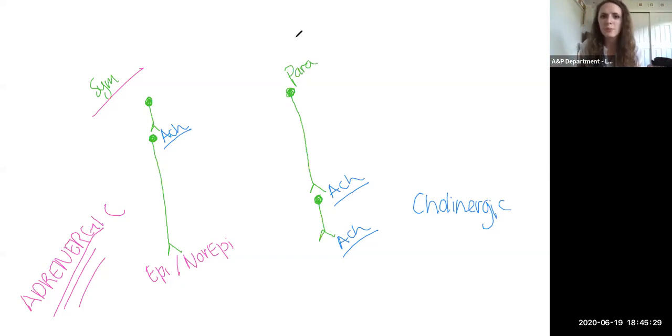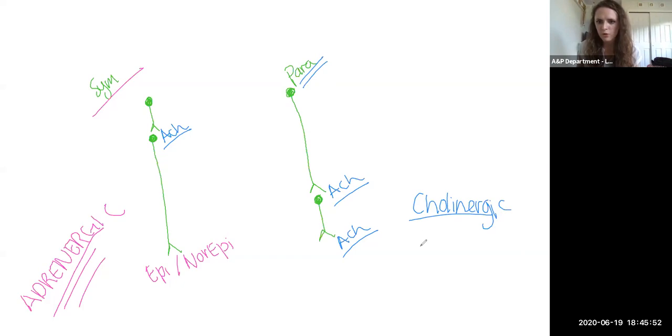Okay, so your parasympathetic system is known a lot of times as your cholinergic system. Sympathetic, adrenergic; parasympathetic, cholinergic. Remember that forever and always, and that is huge. Cholinergic is parasympathetic, adrenergic is sympathetic.